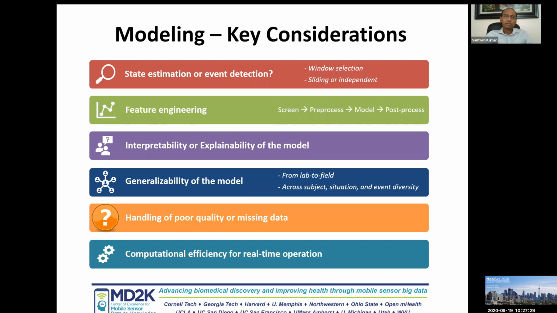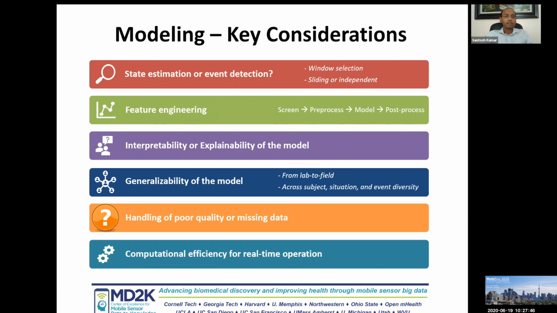And then whether the model has sufficient interpretability or explainability, which may impact the generalizability as well. And generalizability of the model also depends, from lab to field and across subject, situation, and events.